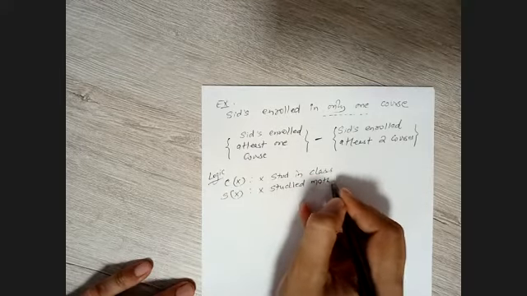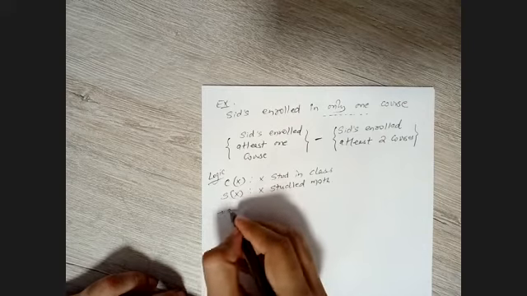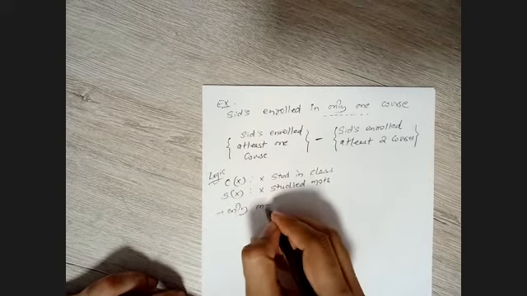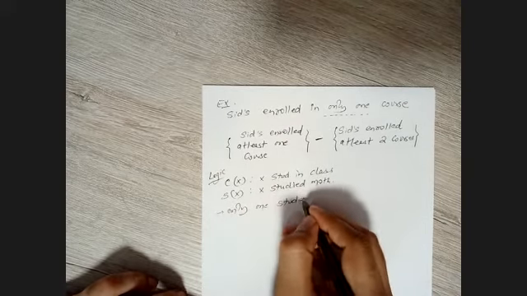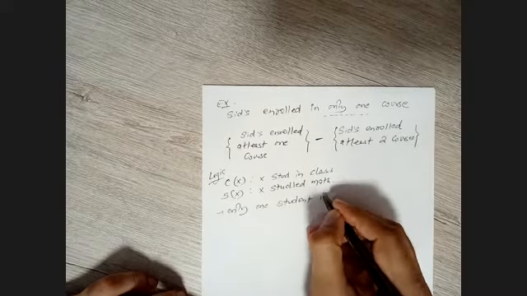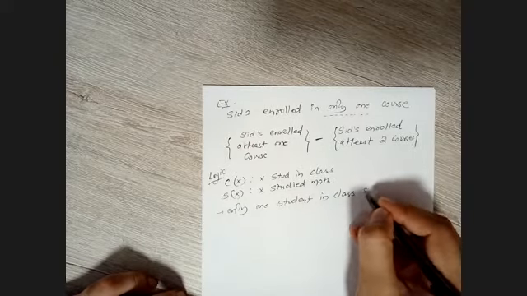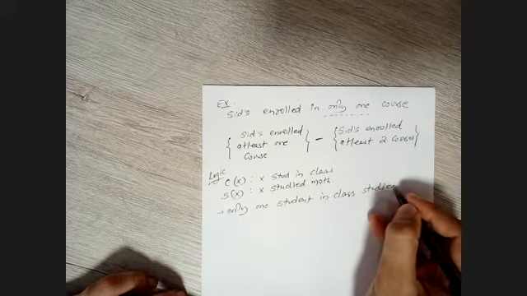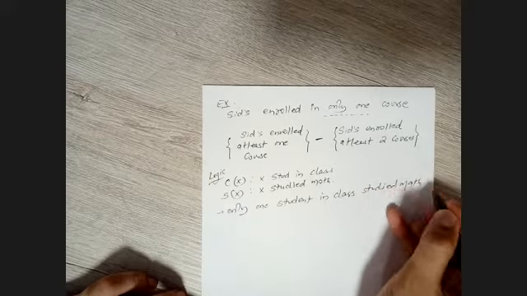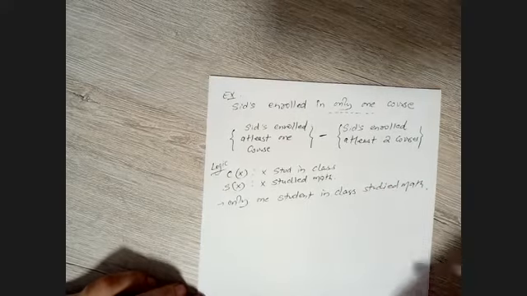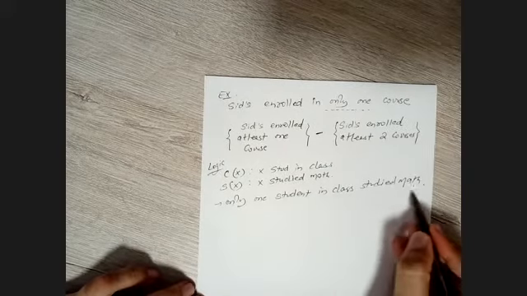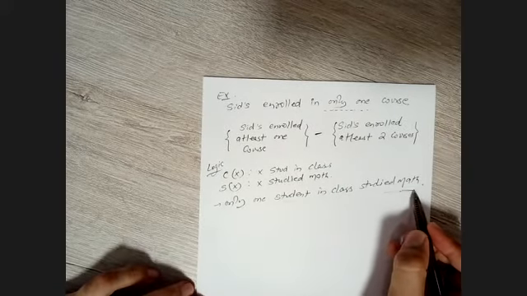So what I have to find out here is only one student in class who studied math. Same, right? So we should find the only one student who studied maths here.